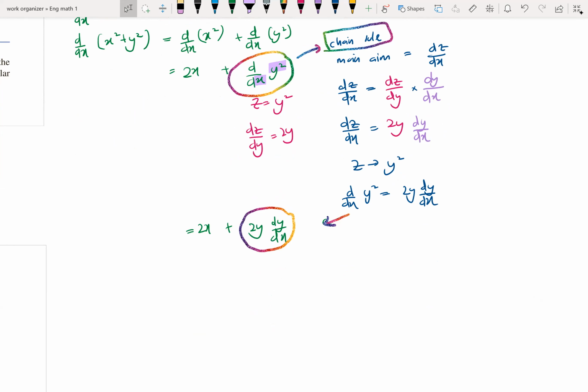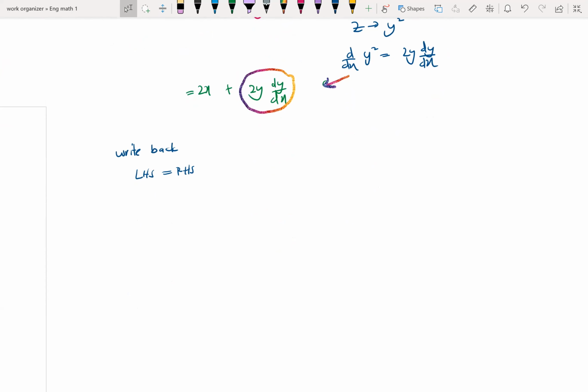So we have to write back the left hand side and the right hand side, the differentiation result. So we have y plus x dy over dx equal to 2x plus 2y dy dx. Now we are going to group dy.